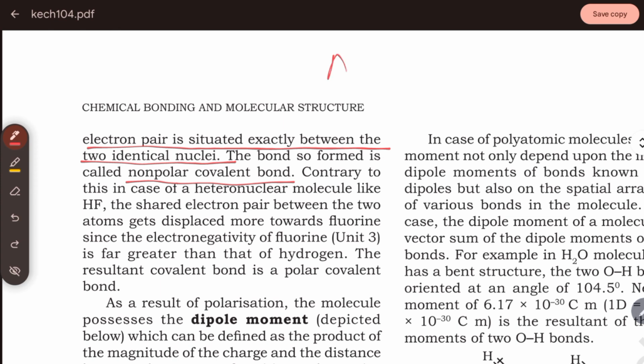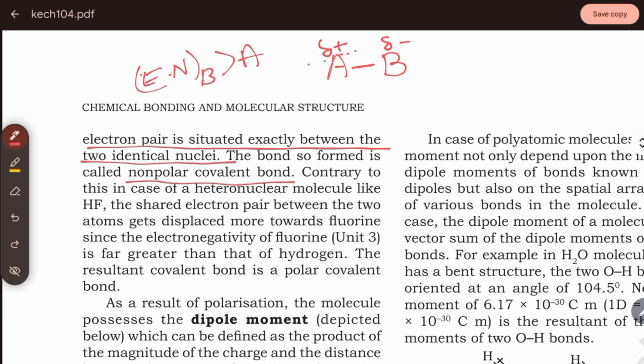But if I talk about molecules of AB type, having an electronegativity difference, we can assume that the electronegativity of B is greater than that of A. That means the electron cloud will shift a little more towards B than A on account of the greater electronegativity of B. So B acquires a partial negative charge and A acquires a partial positive charge.